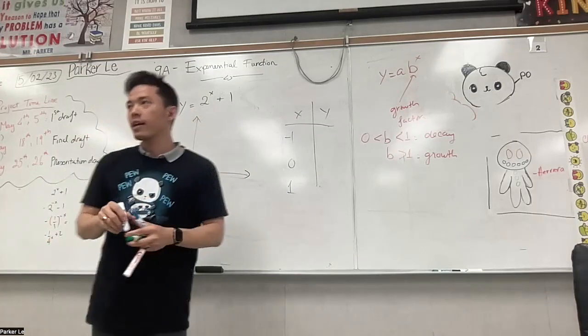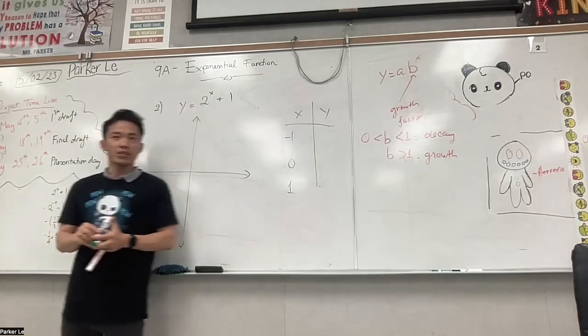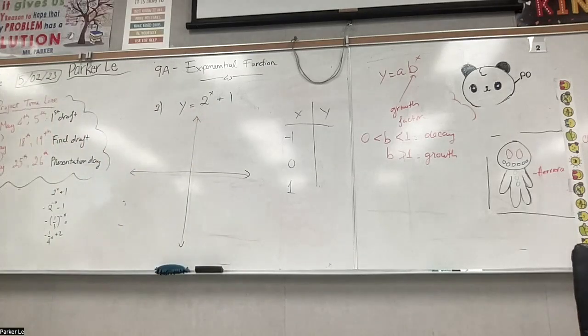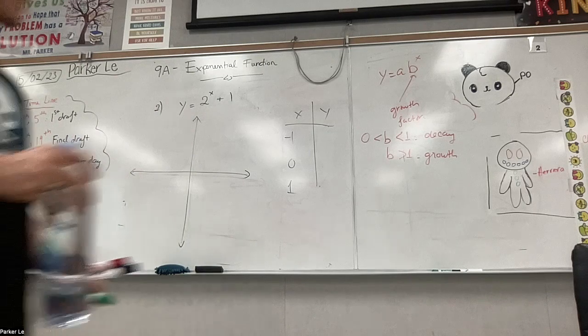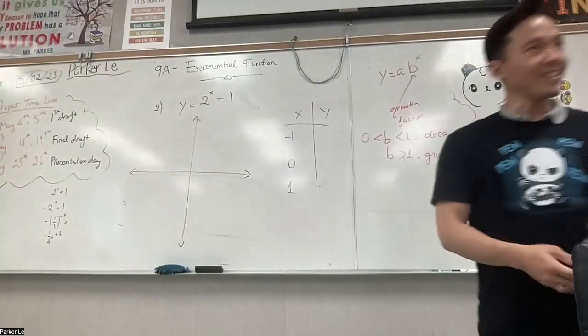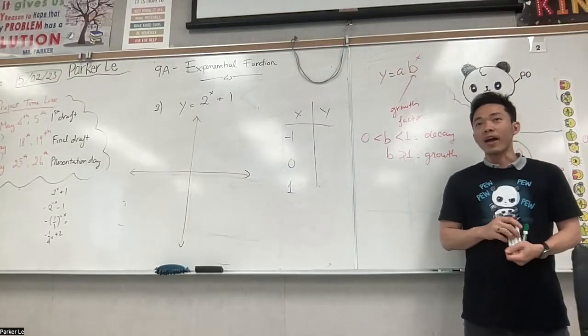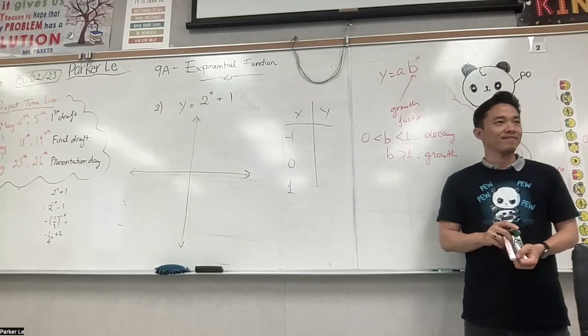Who can tell me where is the horizontal asymptote? 2 points. When you see my ball like this, that means something tricky. It's not easy, I don't give you 2 points. Where is the horizontal asymptote?